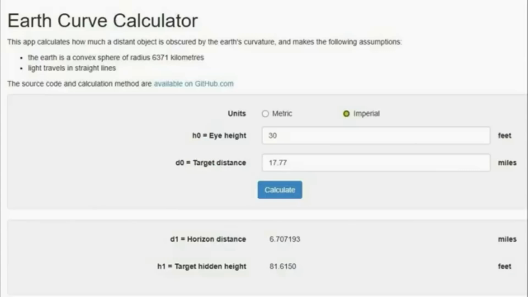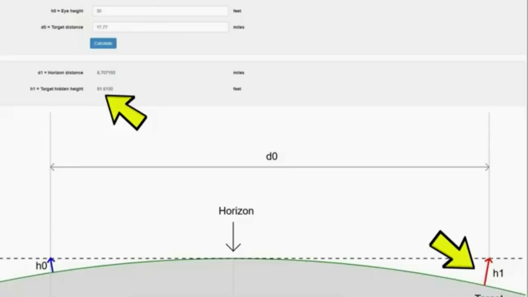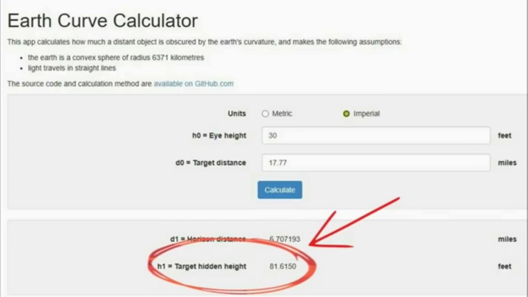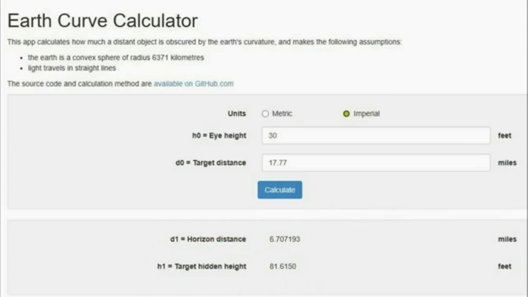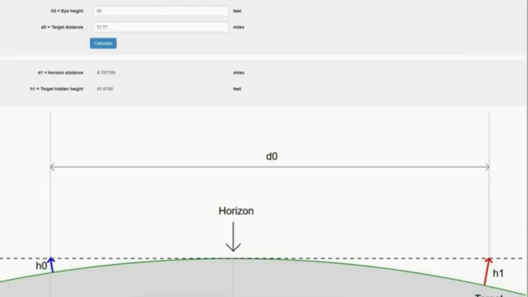For the height of the observer, or eye height, we will put 30 feet. For the target distance, we will factor in 17.77 miles. Now this will show us how much curvature there should be in H1, which is the target hidden height. As we can see, the target hidden height is 81.6 feet. We should only be able to see the top 18.4 feet of the condos.